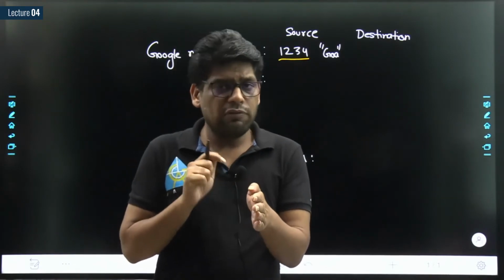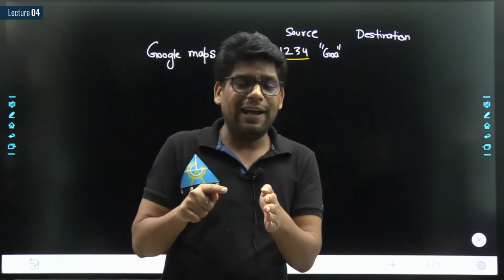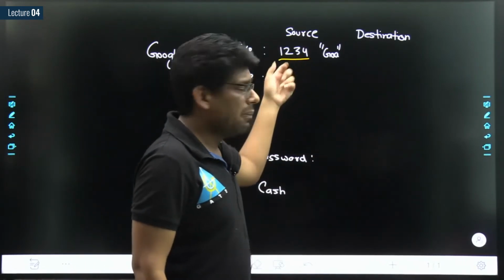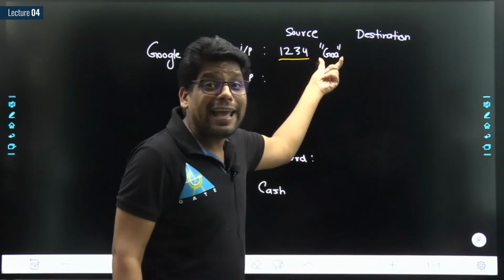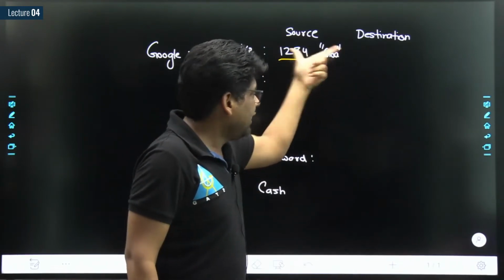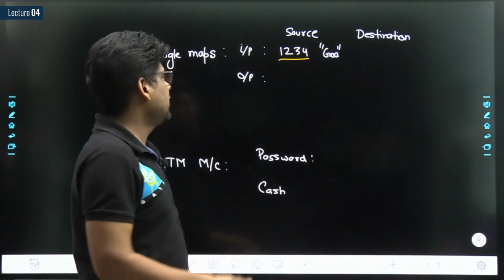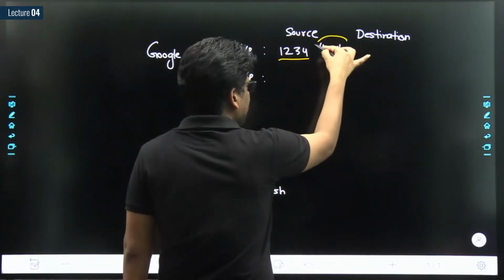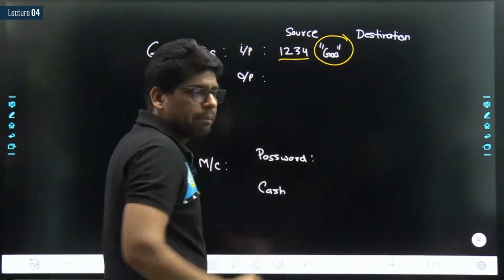Is it always possible that the data is a number? No, sir. Data could be a number. Data could be a text. Depending upon the situation. For example, for Google Maps, what kind of data does it accept? Text form.